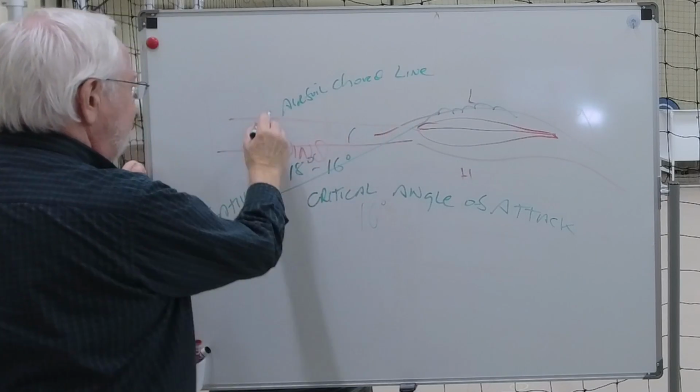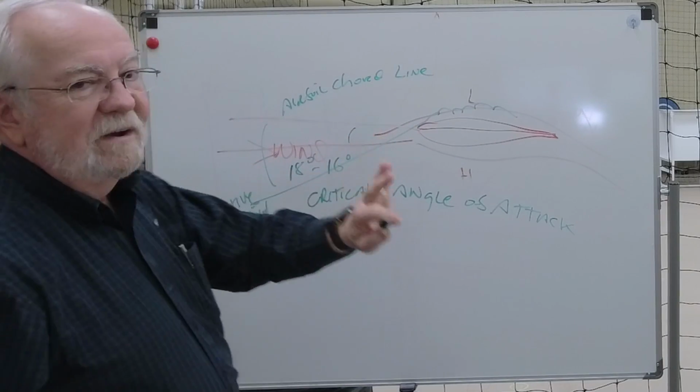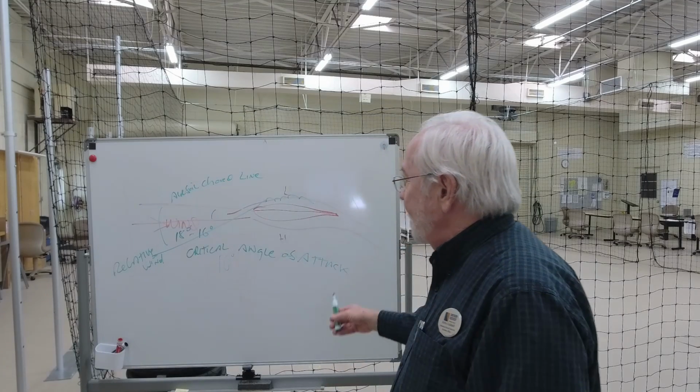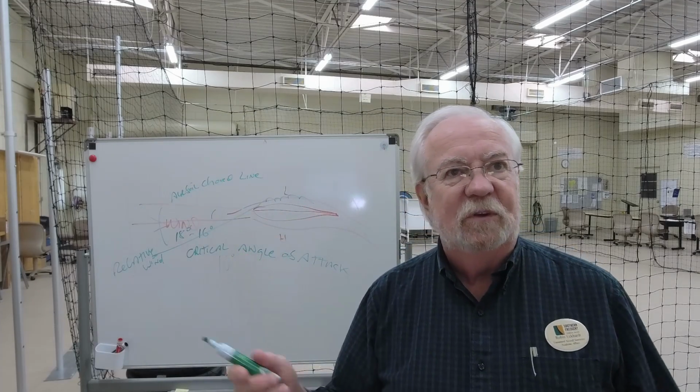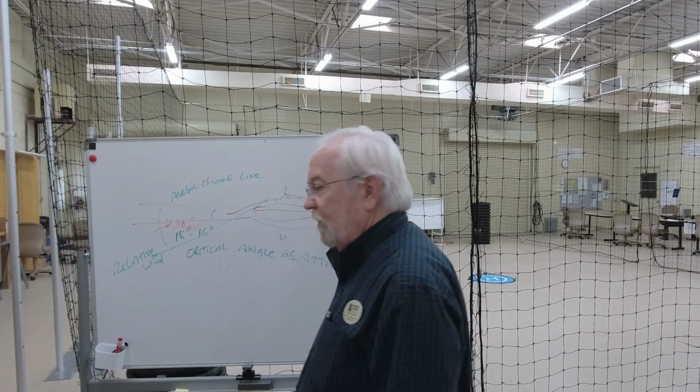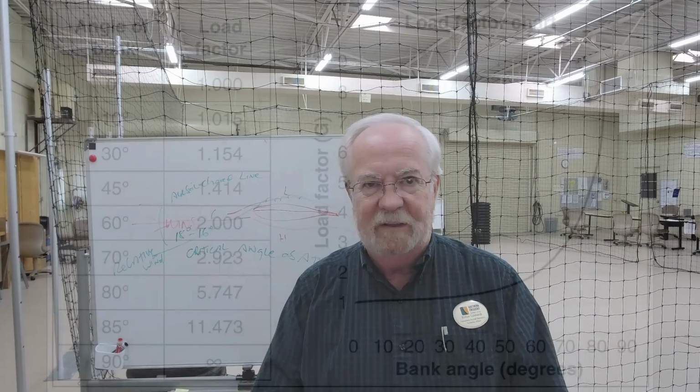When that angle gets to a certain point, somewhere around 16 to 18 degrees, you'll be exceeding the critical angle of attack, and you're going to get a stall, or at least the airflow over the top of the wing will start to get disrupted at some point. But that point is defined as the critical angle of attack.